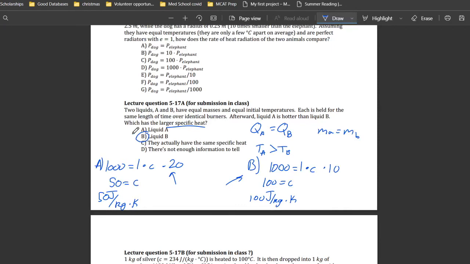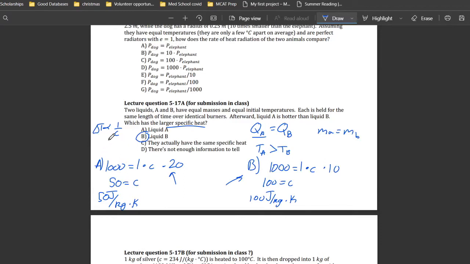And we approached this again from two different ways. We can just look at the proportionality between the two variables. So delta T is proportional to 1 over C. So as the change in temperature increases, for a constant energy, the specific heat of that compound must be lower. Or we can approach it by including arbitrary values to solve for C, given the information that is presented to us.